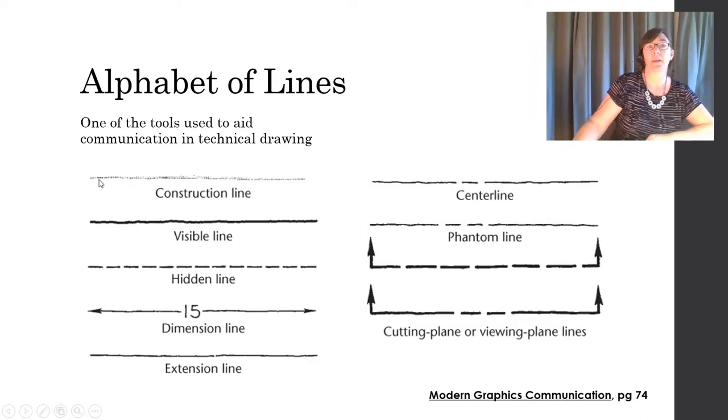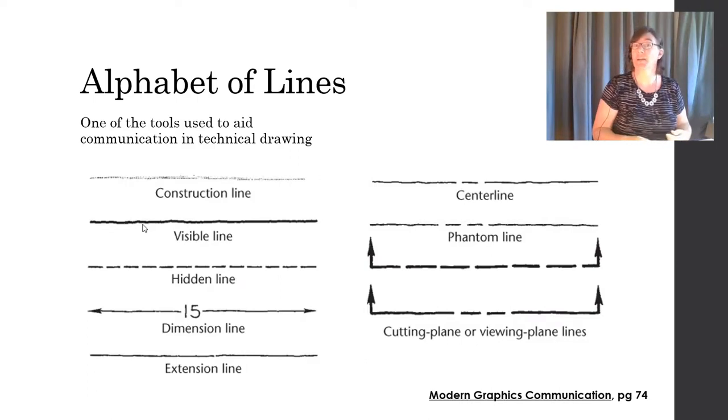So let's take a look. A very light line would be called a construction line or a guideline. A solid continuous line is a visible line, also called an object line. And we just heard about the hidden line, which is a line of dashes.